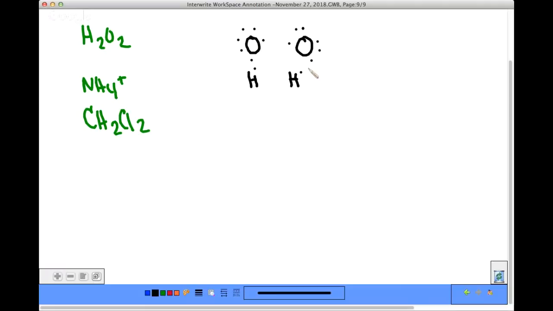So what we're going to see is that a bond forms right here, and a bond forms right here, and then these are going to share right here. So what we actually see is that we have a bond between the oxygens. And it really doesn't matter how you orientate these. If you want both of the hydrogens on the same side, you could have one hydrogen going up here.